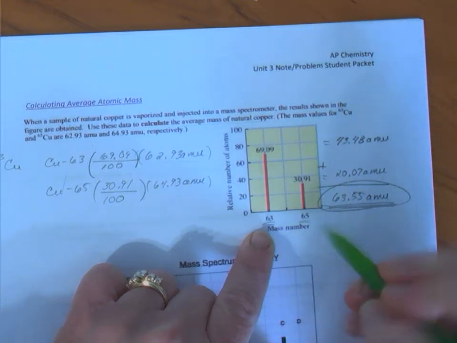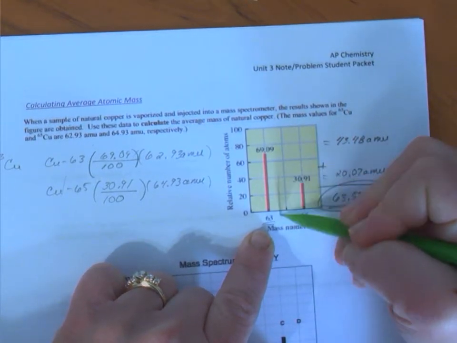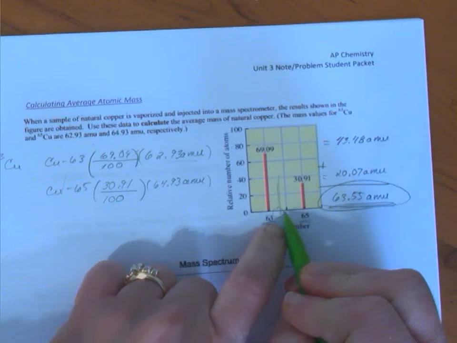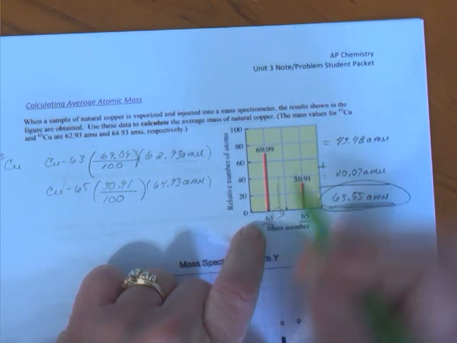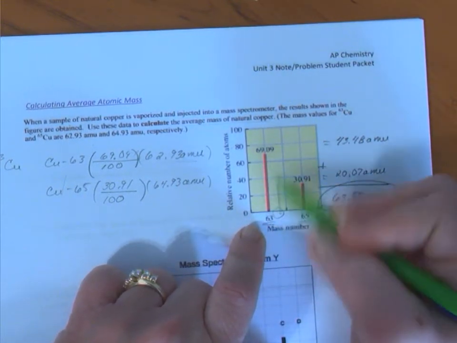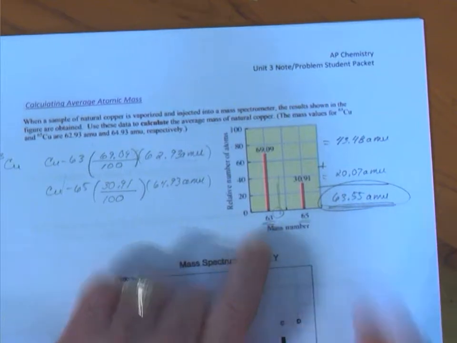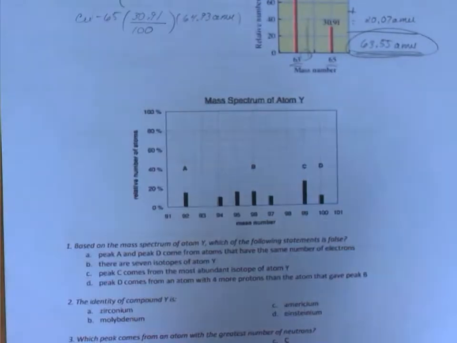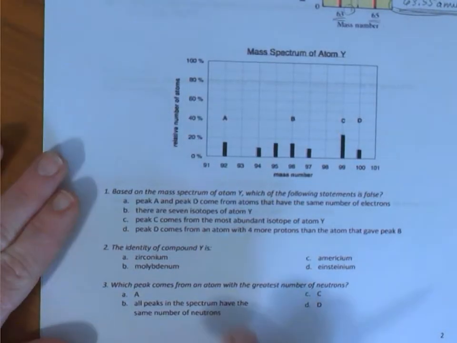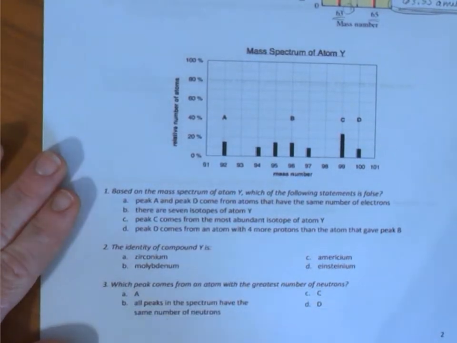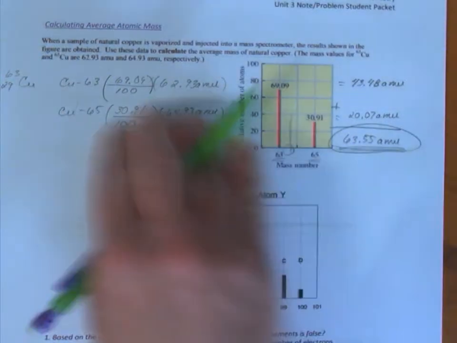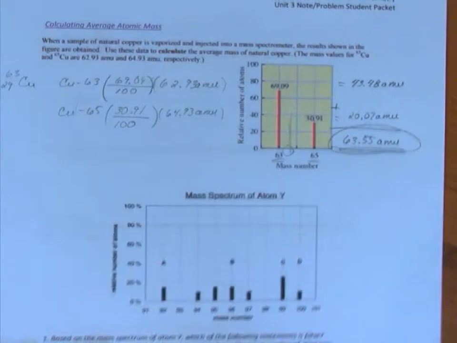Can we see that the average is closer to 63 because we are going to encounter that version more often? All right, so reading through these, if you want to pause, we'll talk about these more together. We wanted to get the method of calculating first.